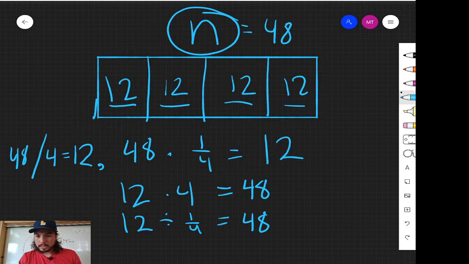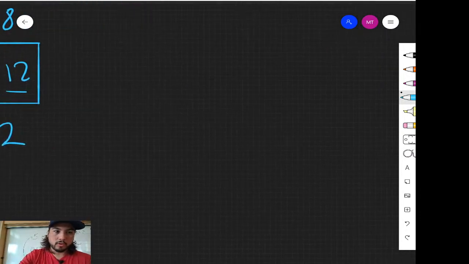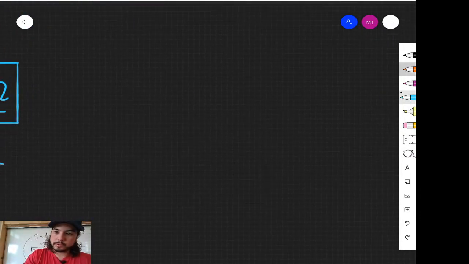All right, let's do one more. Good people pointing out in the chat, if you solve for n and it ends up being 3, then we're looking at a different model. Okay, let's try one more. I'm just going to leave you with it. Try this one on for size here.